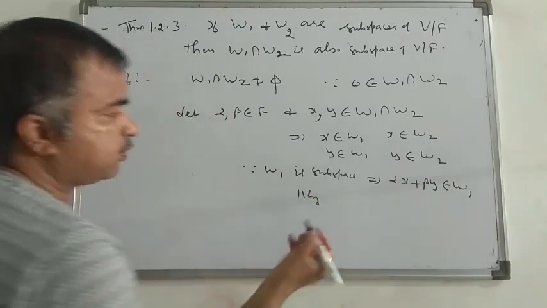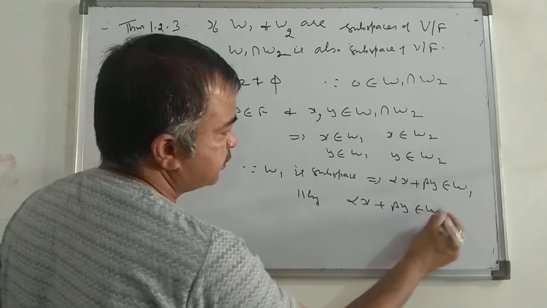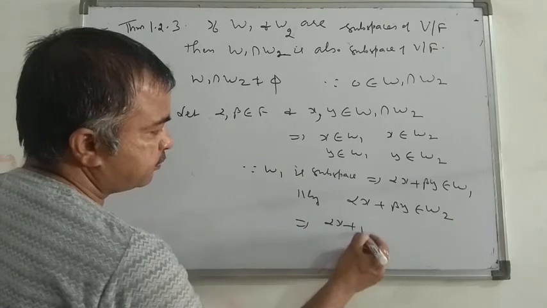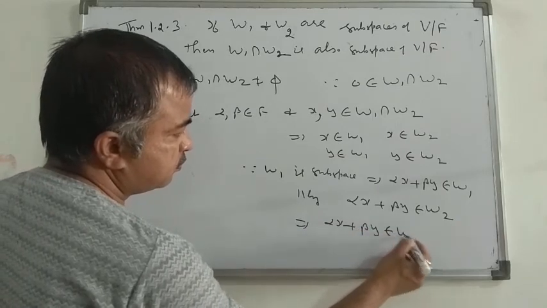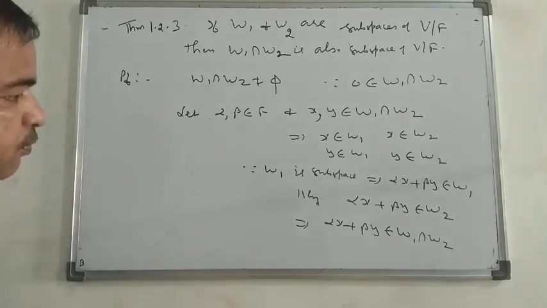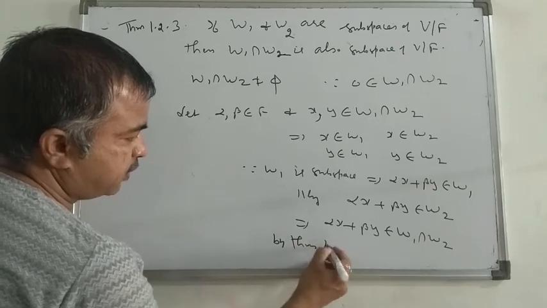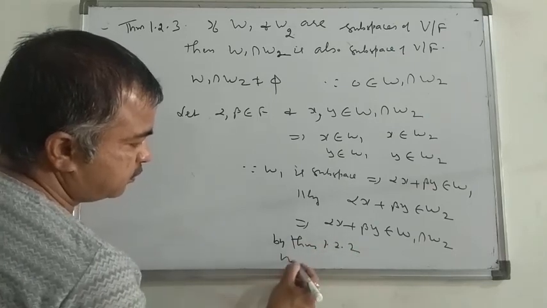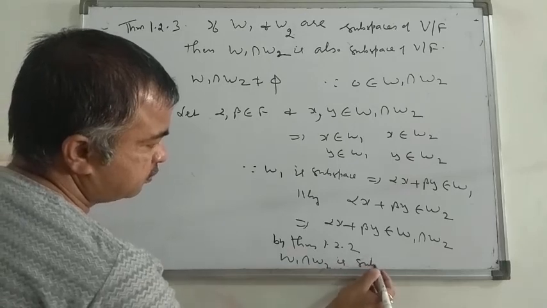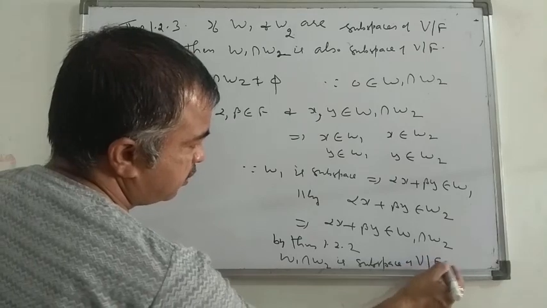Similarly, W2 is a subspace, so alpha x plus beta y belongs to W2. So by the last theorem, theorem 1.2.2, W1 intersection W2 is a subspace of V over F.